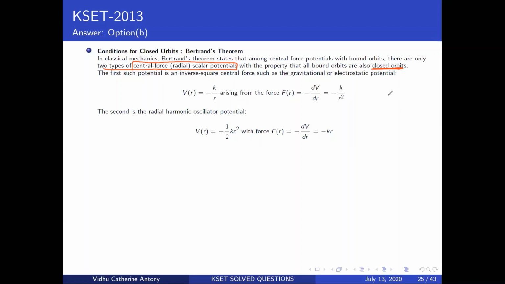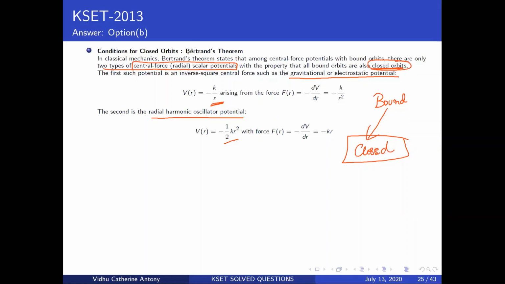So what we're talking about is bound orbits, and then closed orbits. One is your gravitational or electrostatic potential, which is of this form, and the other one is your radial or harmonic oscillator potential, which is of this form. I'm sure you're familiar with these forms. These are the only ones that can give you closed orbits. So Bertrand's theorem basically gives you the condition for closed orbits.